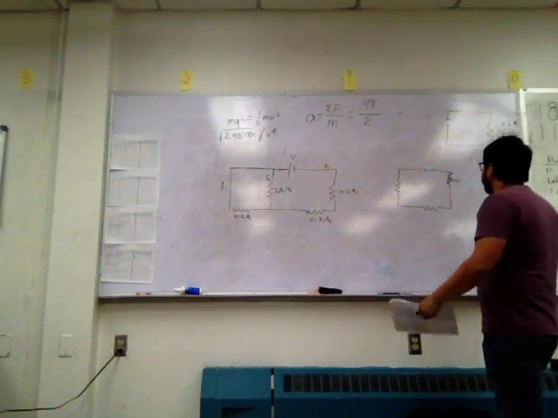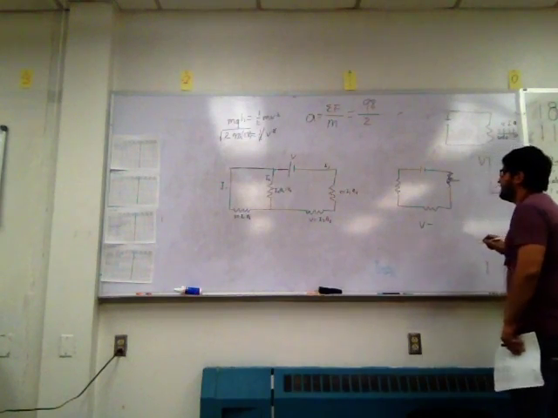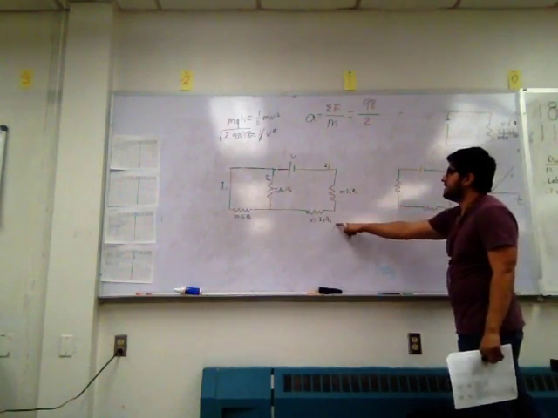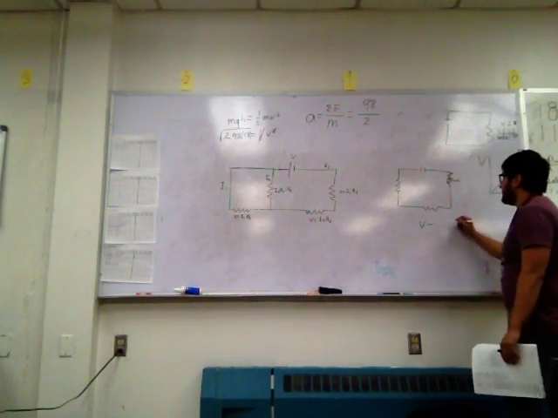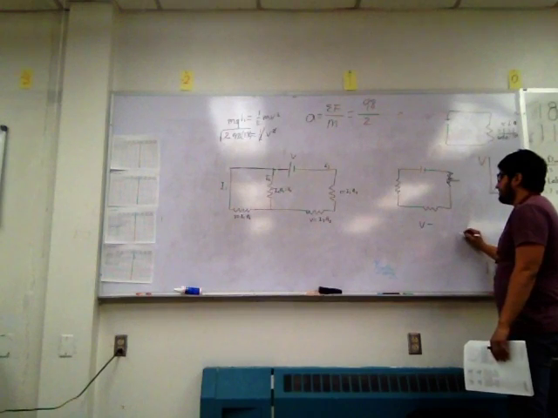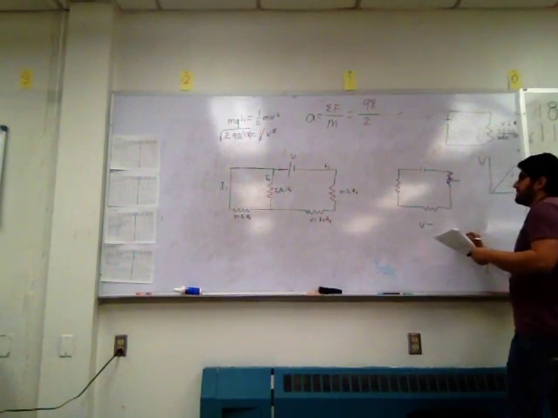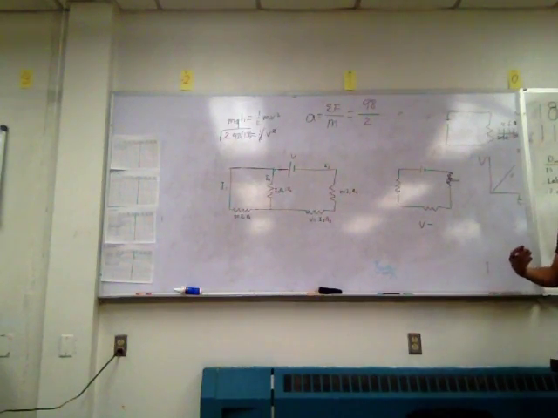So it's going to be V minus this one and that one, right? So I'm going to have V minus, because there's a lot of math here.